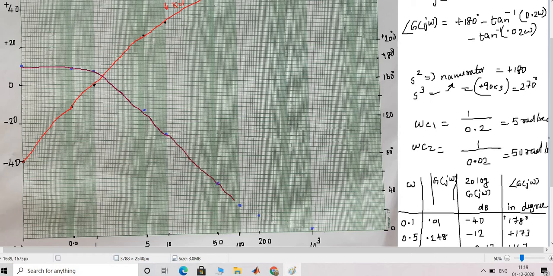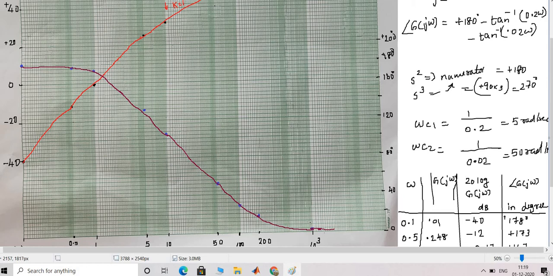So when we change the gain of a system, there will not be any change in the phase angle, and the phase angle plot will remain constant. Only there will be a change in the magnitude and the magnitude plot of the corresponding system.